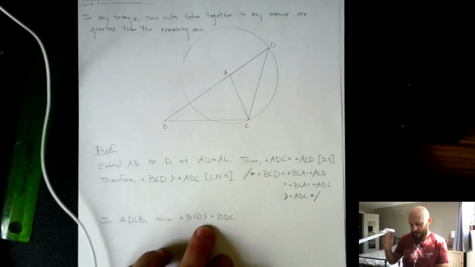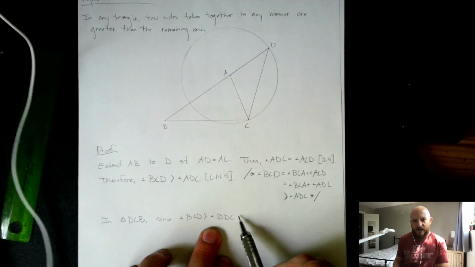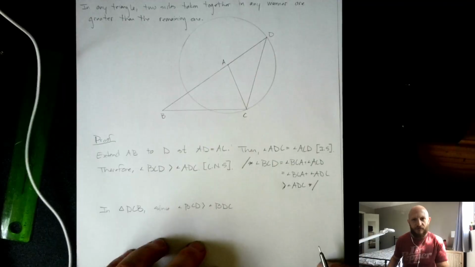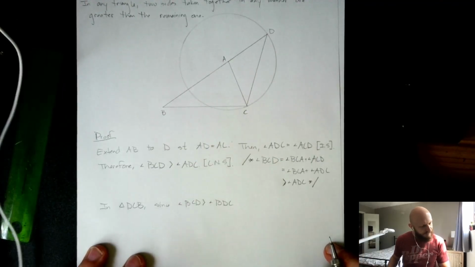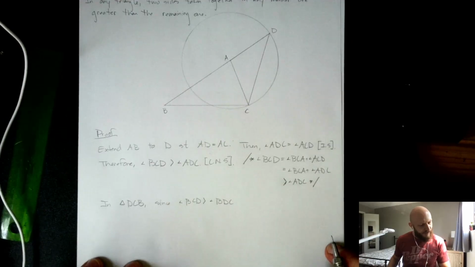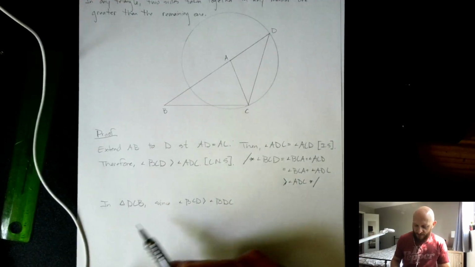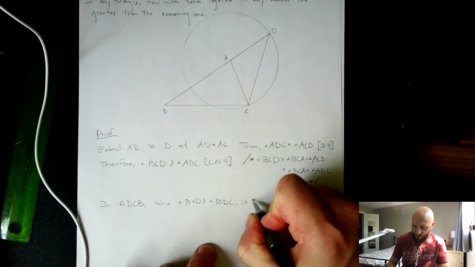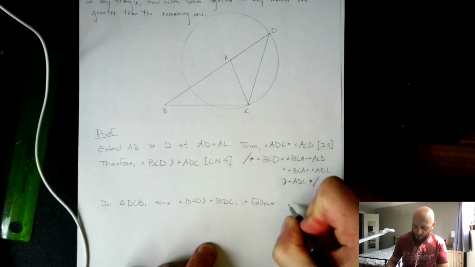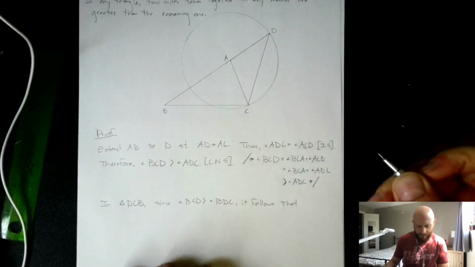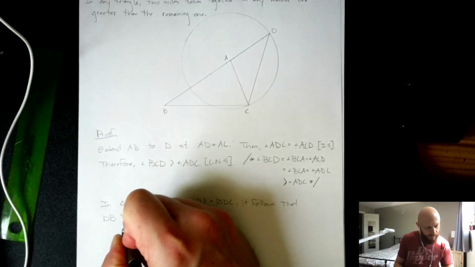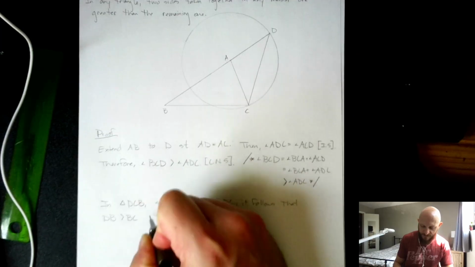If you wanted to, you could put a little note, BDC equals ADC, to justify that a bit further. Since the greater angle is subtended by the greater side, it follows that side DB is greater than side BC.